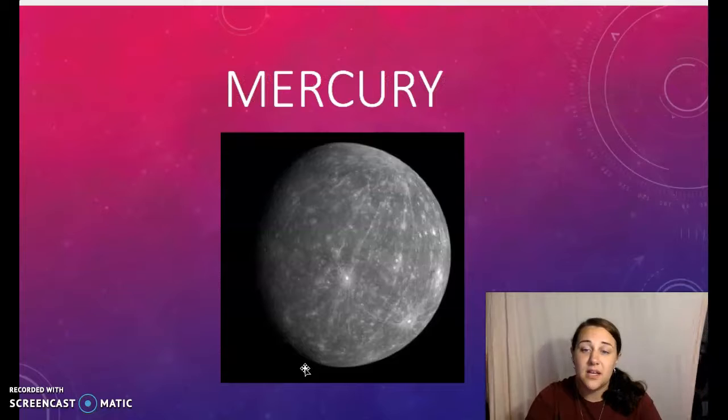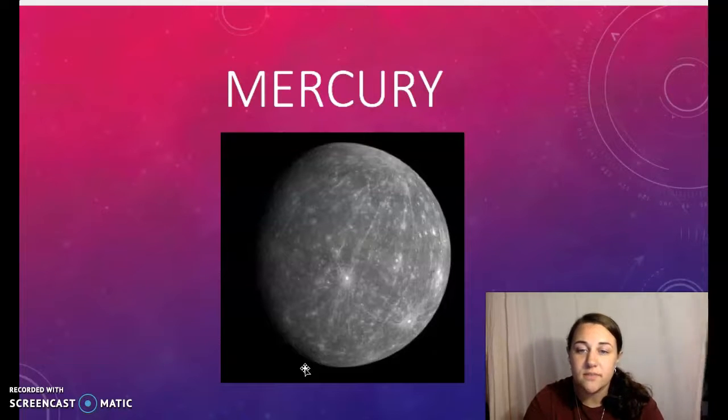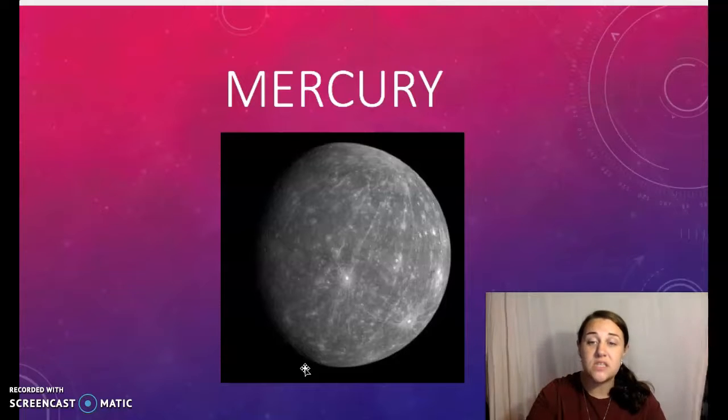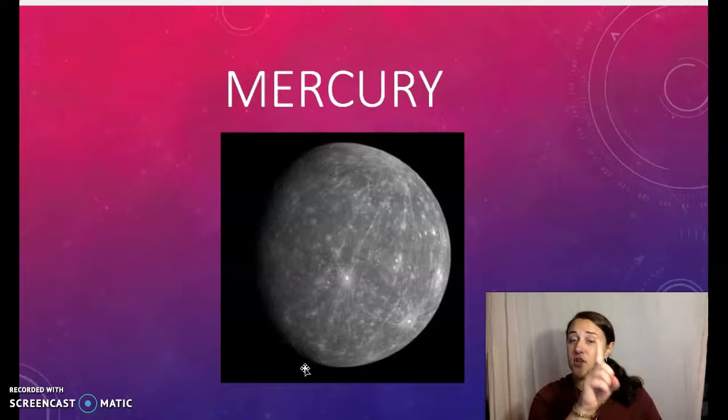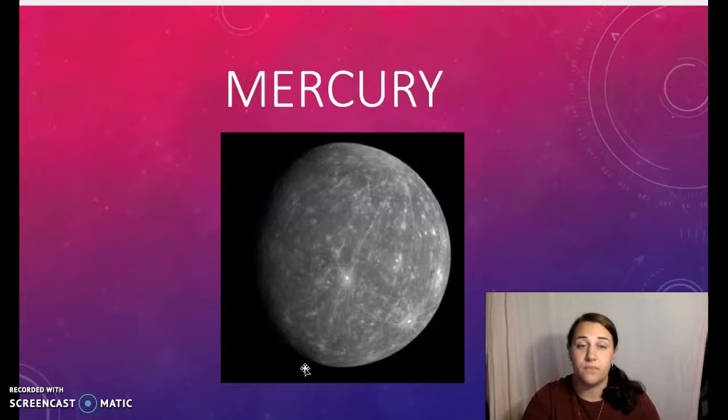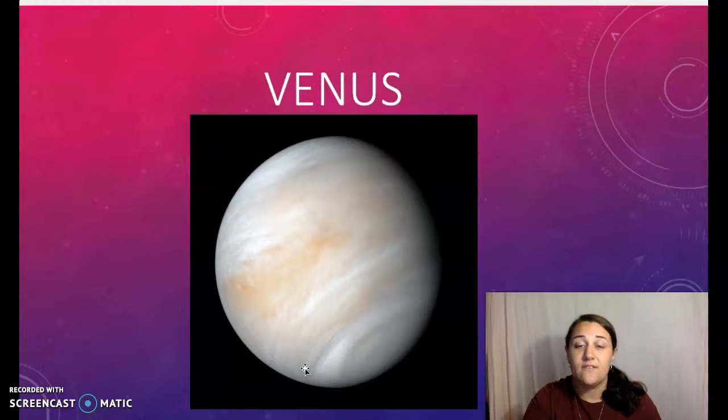So this is a planet, it's called Mercury. I want everyone to say Mercury. Good. It's the first planet, closest to the sun. So if you have the sun, then you have Mercury. It's the first one. It's the closest one. Then we have Venus. Everybody say Venus. Good.